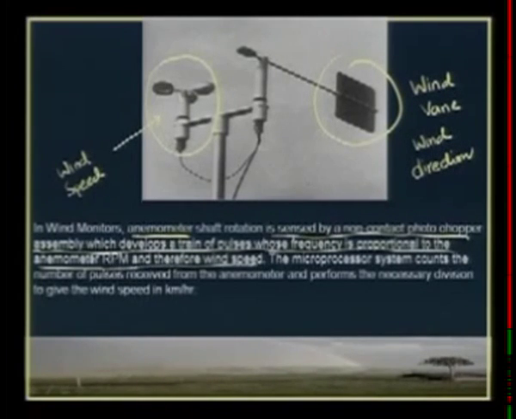So what happens is the photochopper is placed inside, and when the shaft completes one round, the photochopper chops the light, and that pulse is taken up by the microprocessor and correlated with the wind speed.